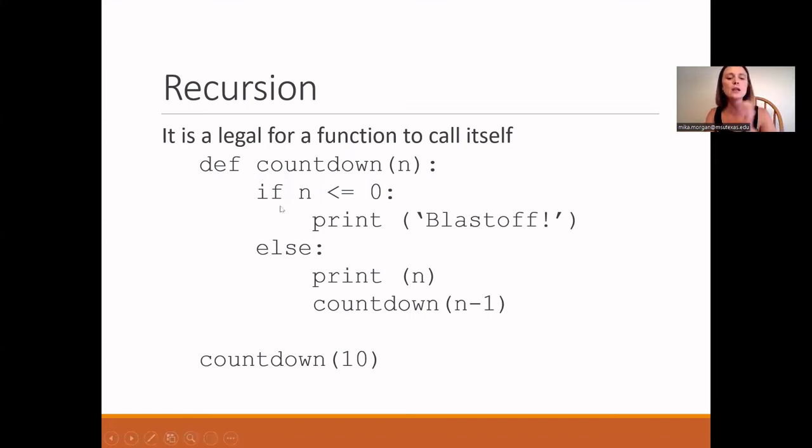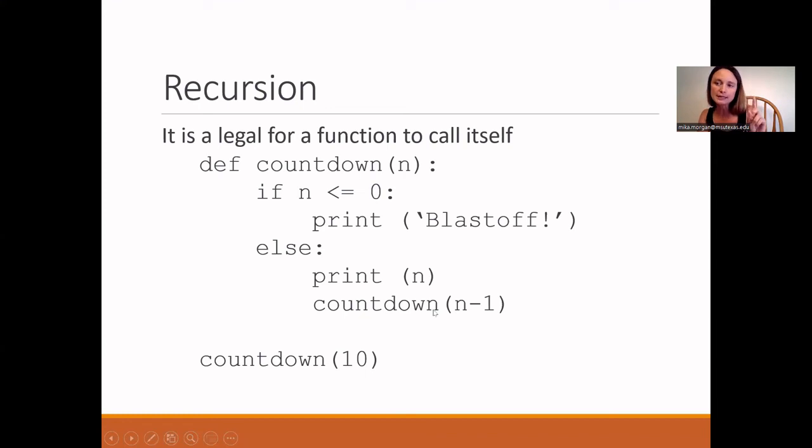So in this example, if we called countdown with 10, it would say, okay, countdown, n is 10. So is n less than or equal to 0? No, 10 is not less than or equal to 0. So I would come down to the else, I would print out 10, and then I would call countdown again.